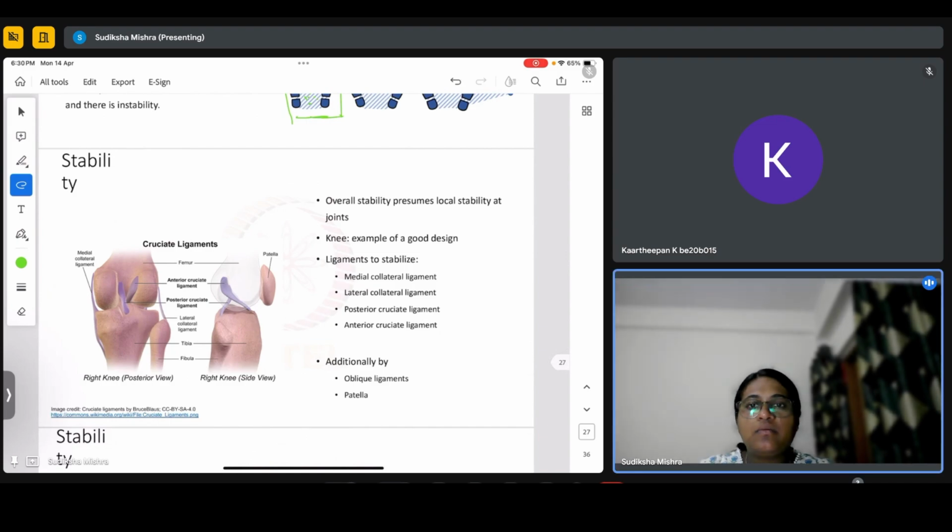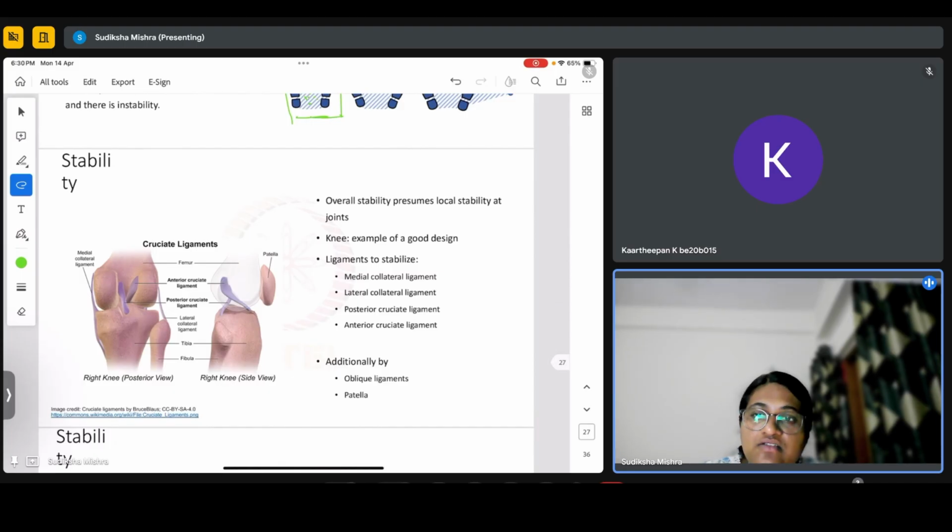So we saw in very early classes about the ligaments that hold the bones in place.